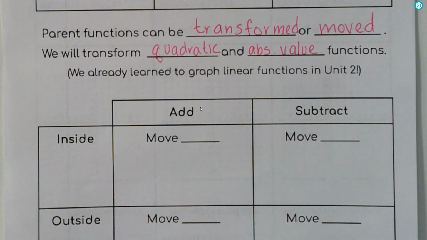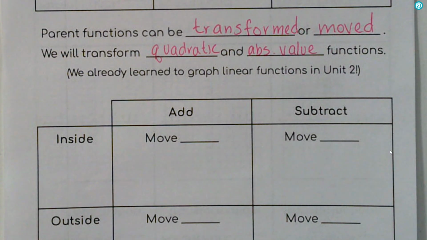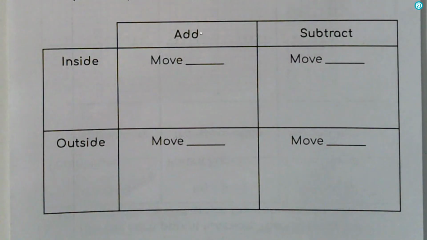Okay, on the Desmos, you guys saw that your graph was moving up and down and left and right. When we are looking at a function written down, we are able to look at whether something is being added or subtracted from the function and whether that's happening inside the function or outside the function. That will determine which of those 4 directions you move.